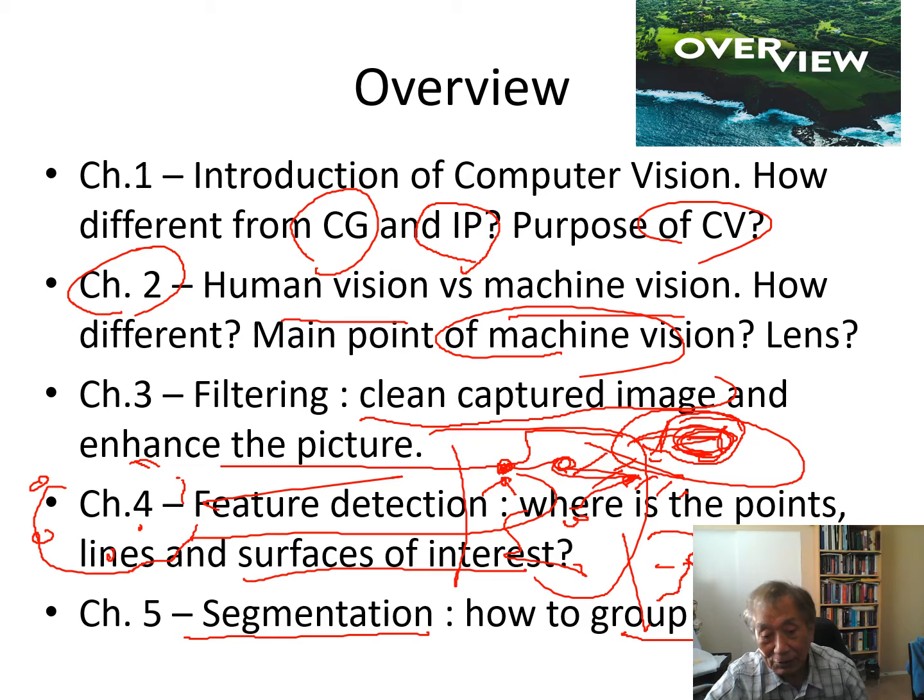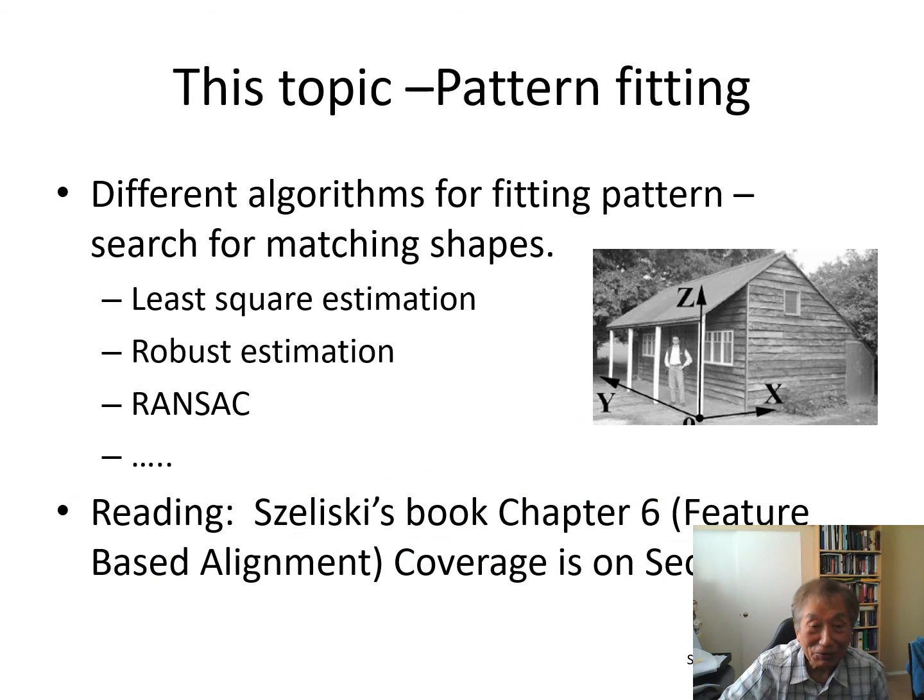Then we separate out that this is one group, this is a different group, this is the third group, the fourth group, like that. In doing so, of course, we need to identify the features, that is the point, line, and area. That's what we have been doing so far. That's a quick review. So what is the subject that we are covering today?